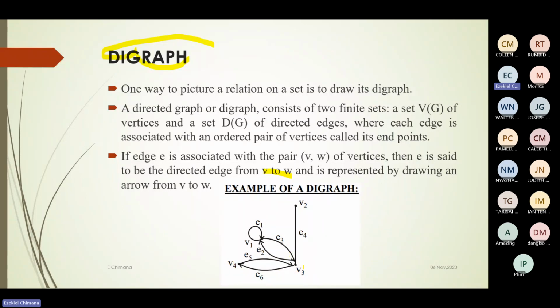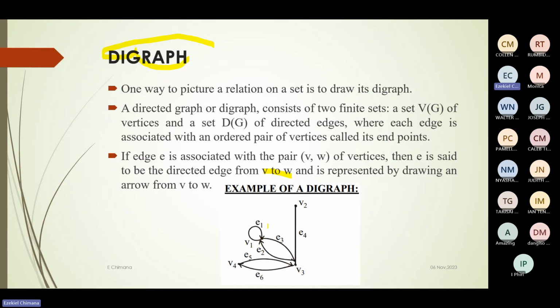This arrow means there is an edge going from V3 to V1 as well as from V1 to V3. For E3 there's an arrow, a direction, so V1 to V3, and then E2 is from V3 to V1.